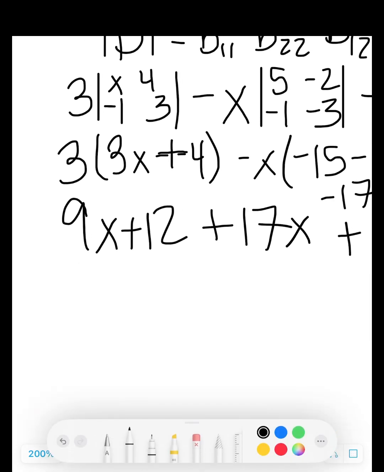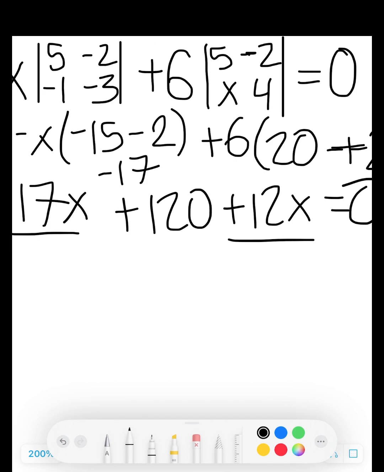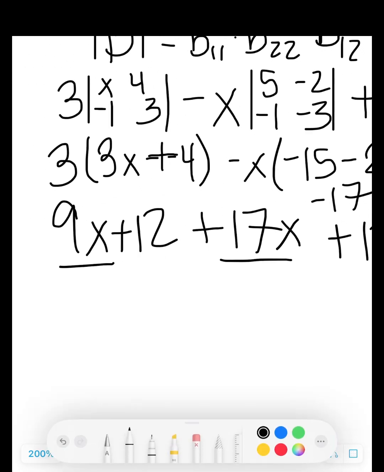Combine like terms, we have 9x, 17x, and 12x. All of those add to, just notice this was a negative 3, which would have made this a negative 9. Now it works out to 20x.